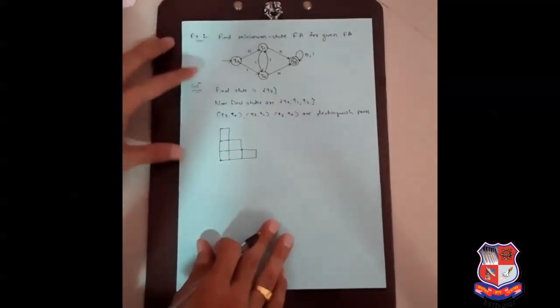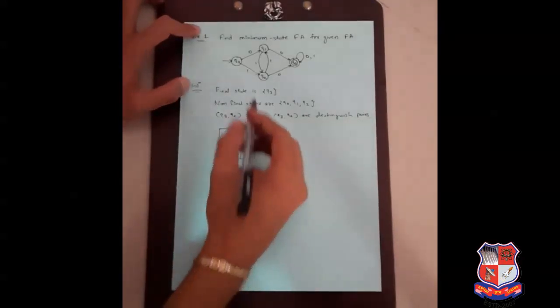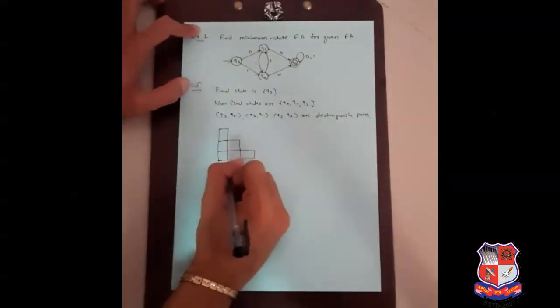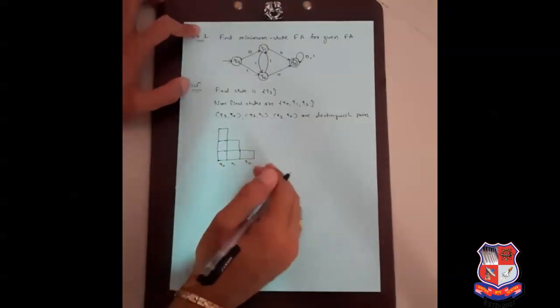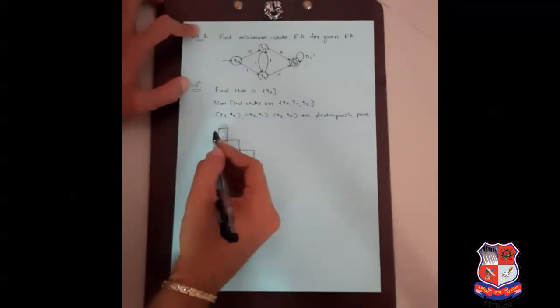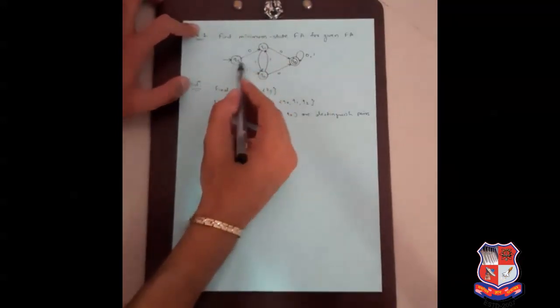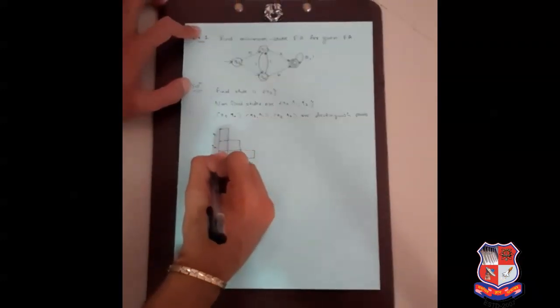Now in the horizontal we have to write from the initial states Q0, Q1 and Q2. The last state will not be here. And in the vertical, starting from the second state. Here our second state is Q1, so we write Q1, Q2, Q3.